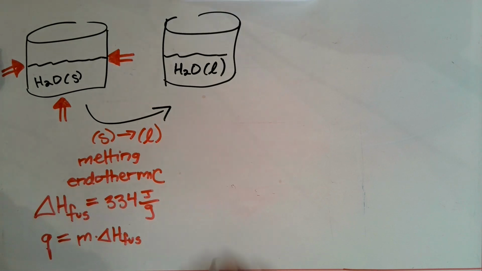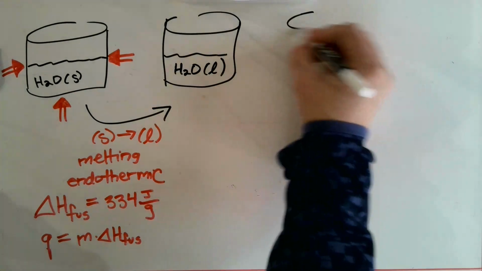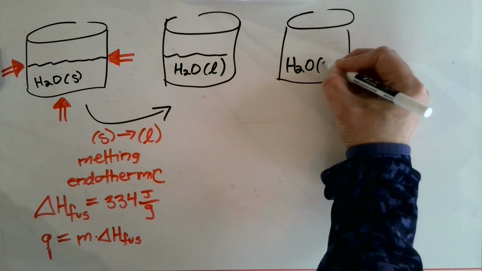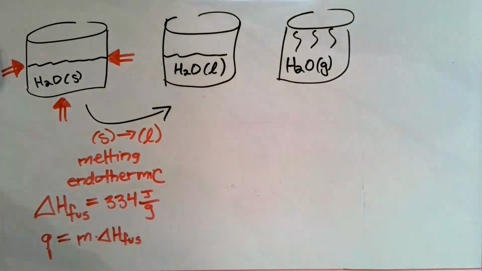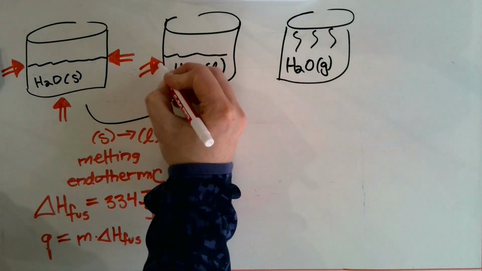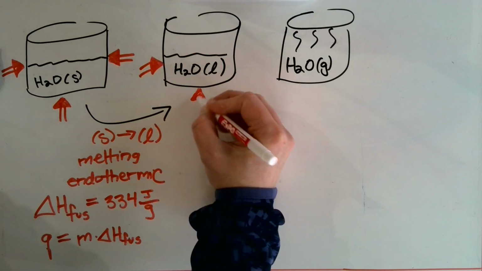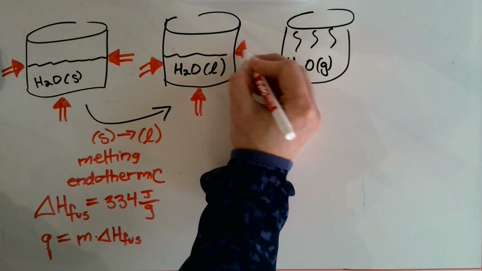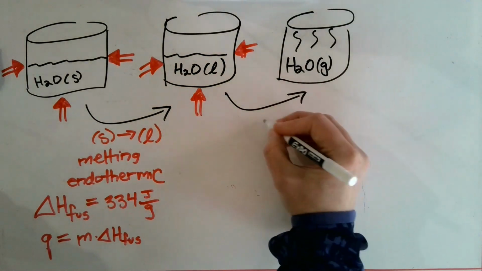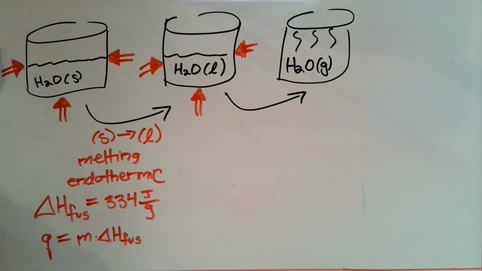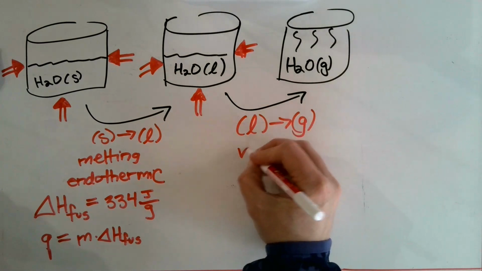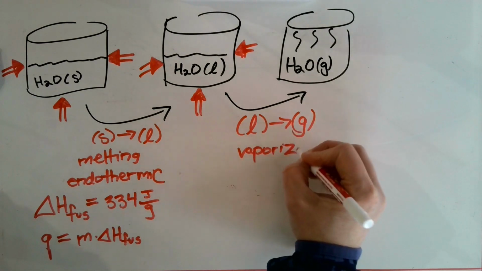If we want to take that liquid water and vaporize it, we also need to add heat. So here, the heat flow would be going into the system. And this would mean I would be going from liquid to gas. And I'm vaporizing the water.